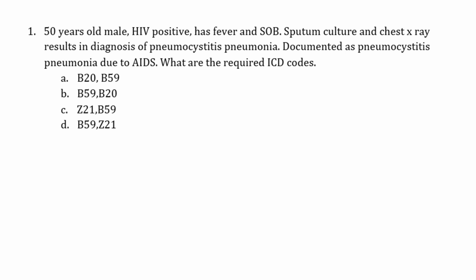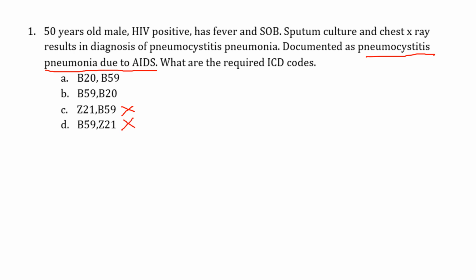The first option is B20, B95. Second is B95, B20. Then Z21, B95 and B95, Z21. So now remember, the patient has already developed pneumocystis pneumonia due to AIDS. So he is no more asymptomatic. So that will eliminate my option C and option D.